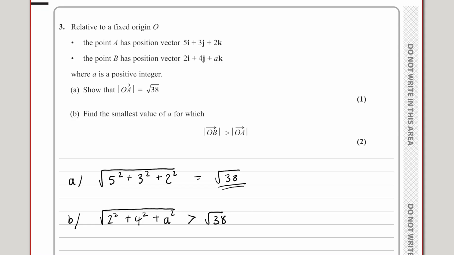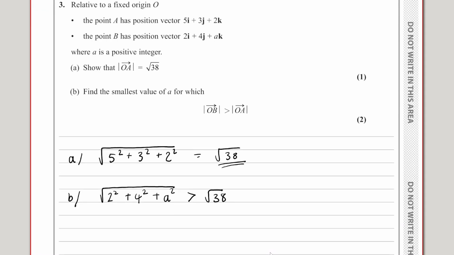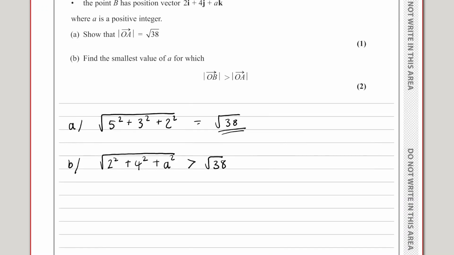If we square both sides, we get 2 squared plus 4 squared plus a squared is bigger than 38. 2 squared plus 4 squared is 20, so take away 20 from both sides. a squared has got to be bigger than 18.